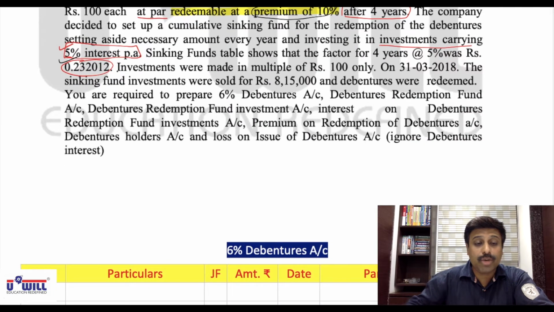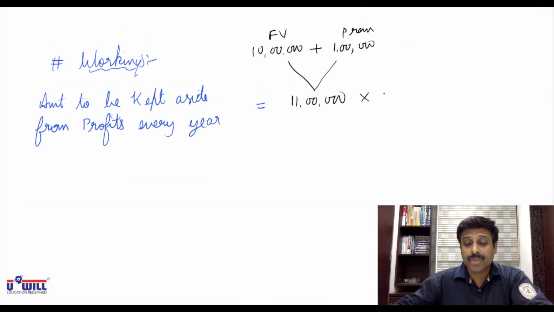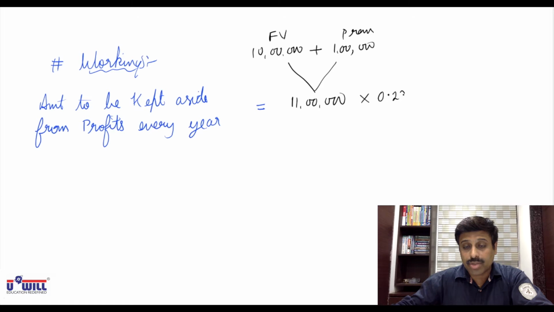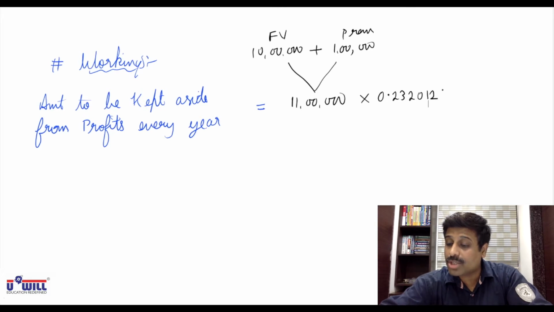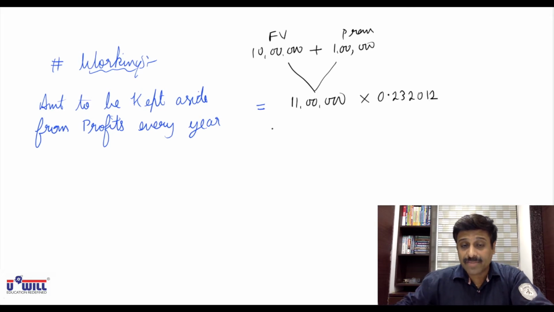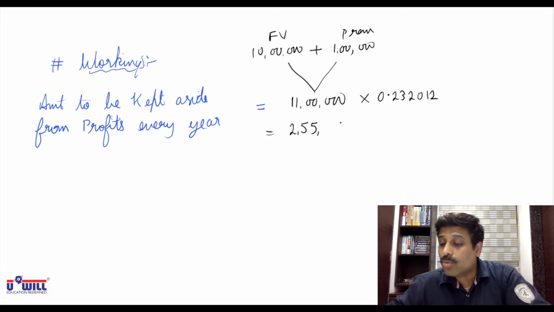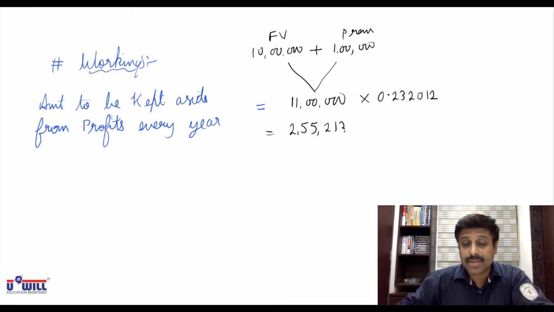So we have to manage the funds of 11 lakh rupees, into what is the factor given to you here? 0.232012. Do it, everyone. 11 lakhs into 0.232012. So that comes to how much? 255, 213.2, means 213.